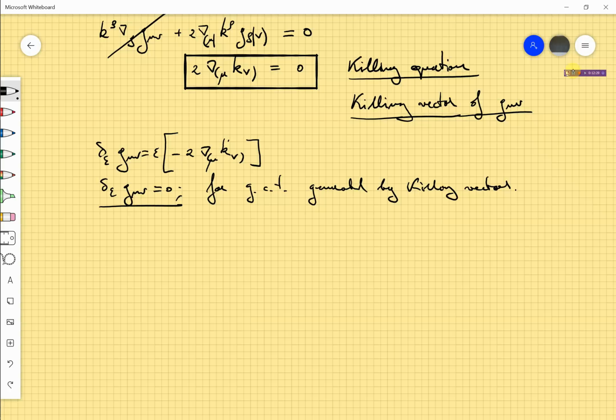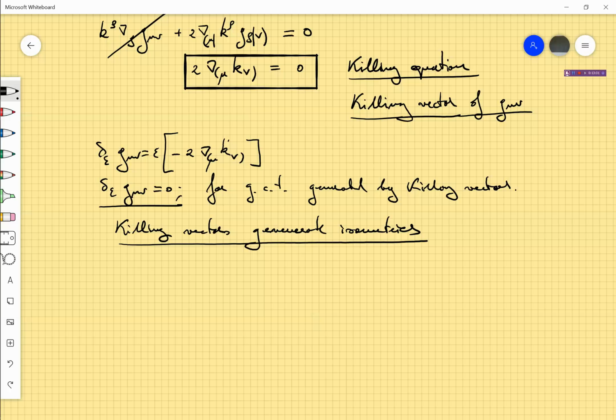But there are some trivial examples where the metric clearly is independent of one coordinate. We know that the metric is invariant under shifts by that coordinate. I have a metric like this. If it doesn't depend on a certain coordinate, whatever x it is, if I say x going to x plus some constant, these differentials are invariant, and the metric is invariant if it does not depend on x.